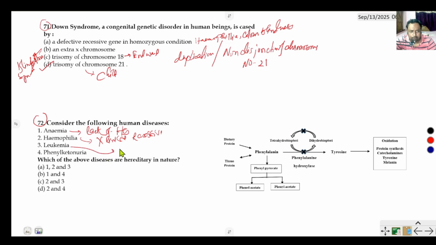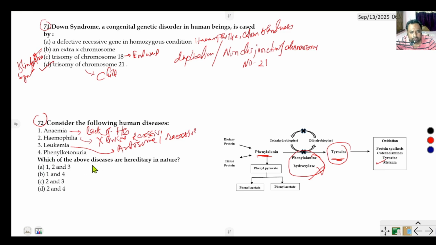Leukemia is an autosomal recessive disorder. Phenylketonuria, where the phenylalanine hydroxylase enzyme is mutated or inhibited. So phenylalanine does not convert into tyrosine, and tyrosine is essential for the production of melanin.